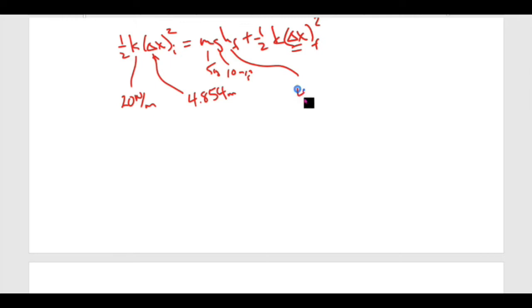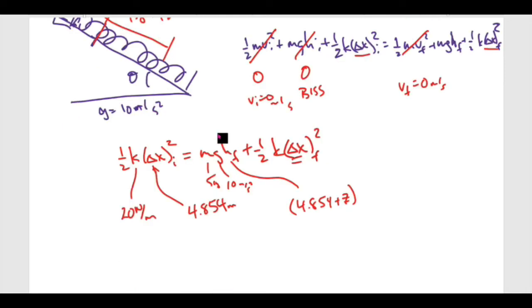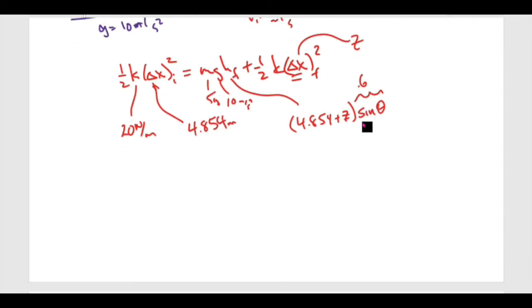HF is going to be 4.854 plus z. That is the distance up the ramp. This is the 4.854 meters. However, we want the vertical distance, so times the sine of theta, and this is 0.6. K is 20, and delta XF is z. That is what we're trying to find.